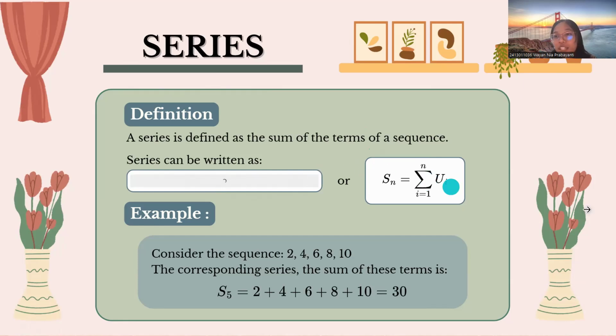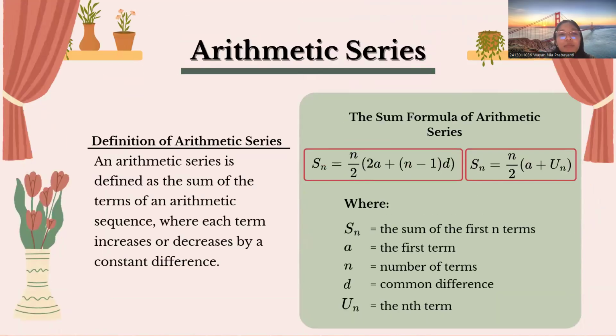Okay, so let's move to the arithmetic series first. So what is an arithmetic series? Simply, an arithmetic series is defined as the sum of the terms of an arithmetic sequence, where each term increases or decreases by a constant difference.